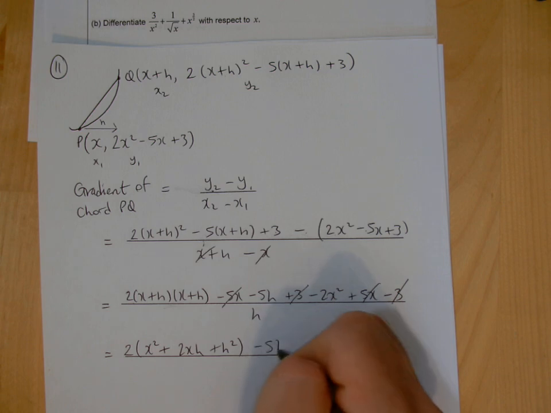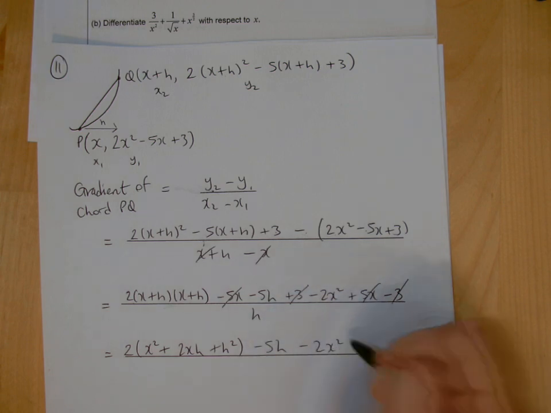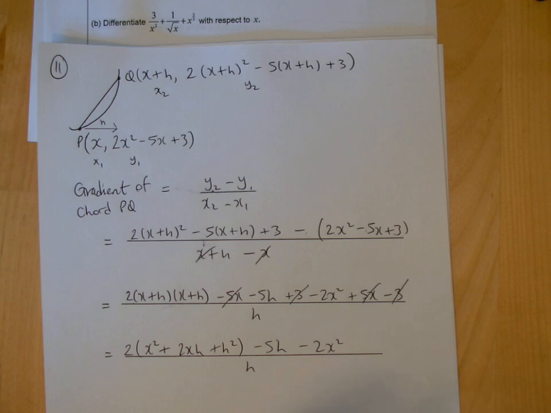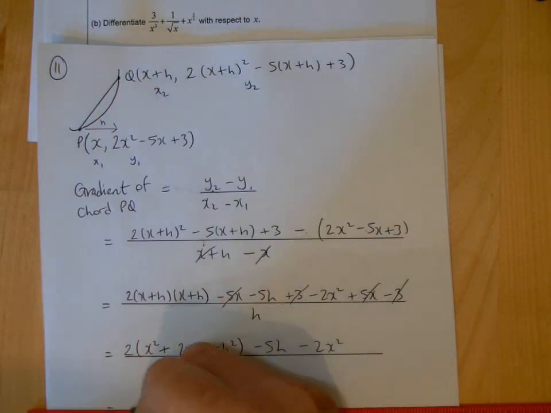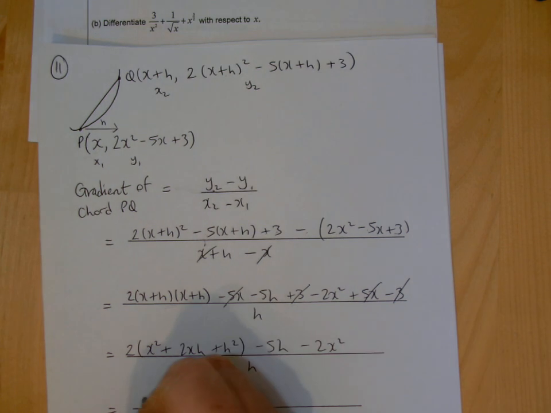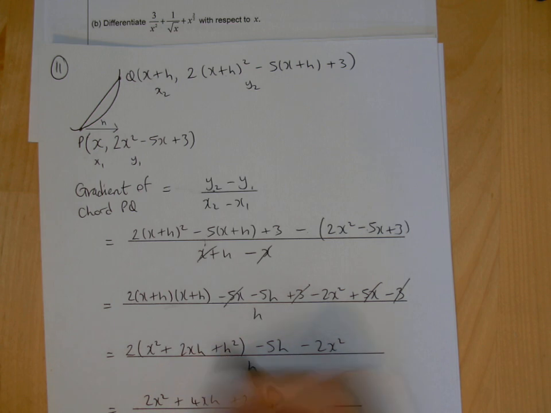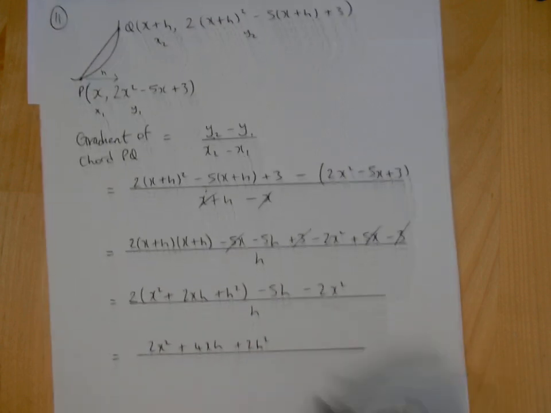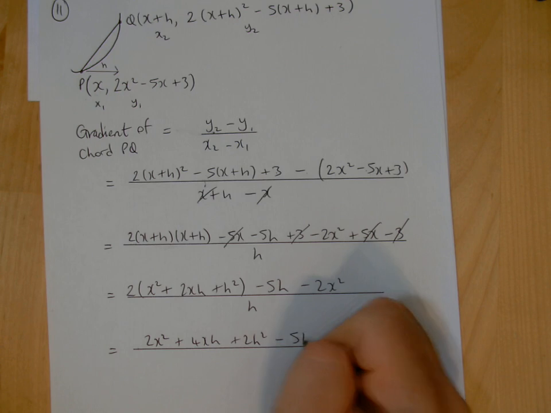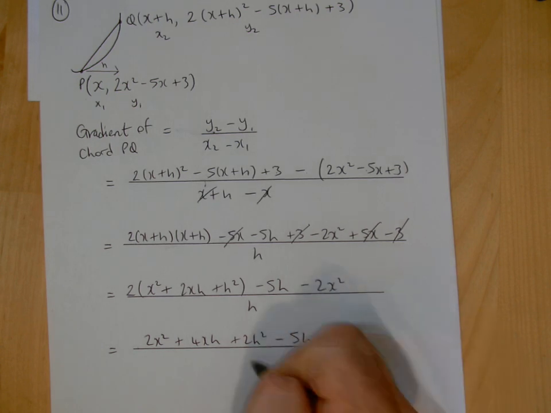Take away 5h, take away 2x squared. On the bottom you've got h. We'll then multiply with that bracket. So that 2x squared plus then 4xh plus 2h squared, times everything in there by 2. Take away 5h, take away 2x squared, and on the bottom h.